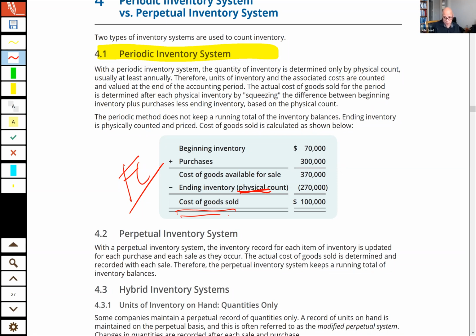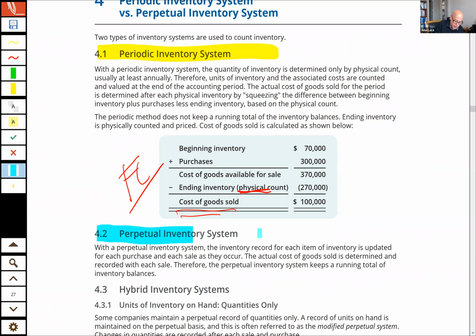If you don't count your inventory until the end of the year, people are going to be walking out the door with your inventory and you won't know it. So it's probably a good idea, even if you don't have a perpetual system, to count your inventory more frequently than once per year as a good internal control procedure.